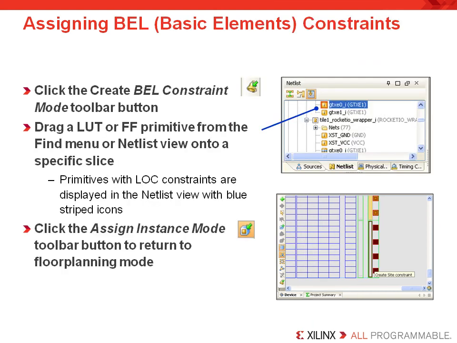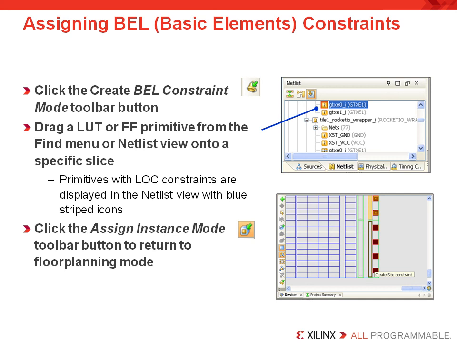The basic element constraint, abbreviated as BEL, is an advanced placement constraint. BEL locks a logical symbol to a particular BEL site in a slice or an IOB. BEL differs from location, or LOC, in that LOC allows specification to the component level.